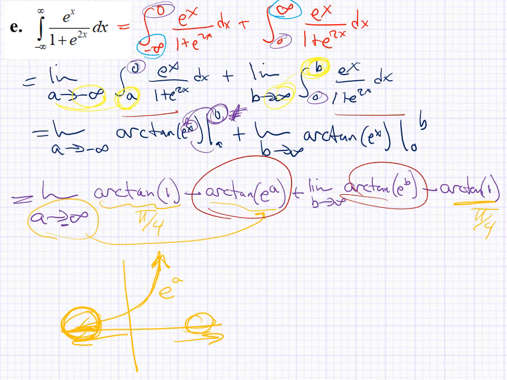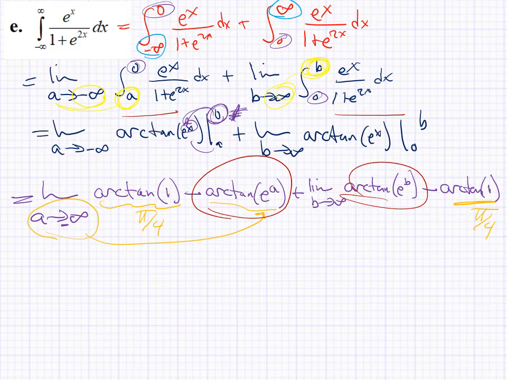For the first one, this is getting closer and closer to 0. And so we get pi fourths minus the arctan of something that gets close to 0. Well, then the arctan is going to get closer and closer to 0 as well.